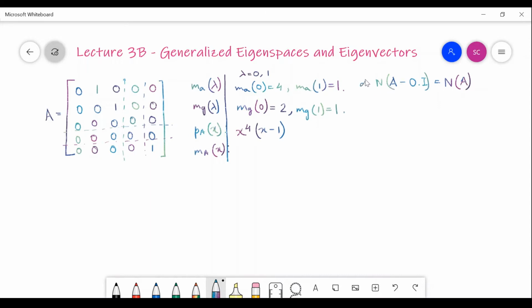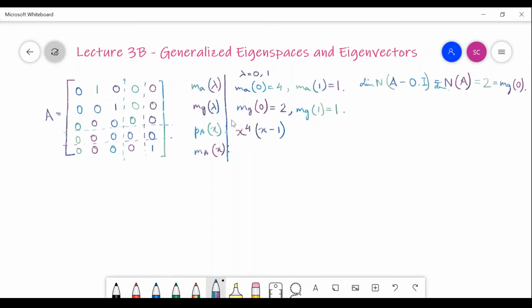We are interested in the dimension of the null space, and that is the number of zero columns that you see in this matrix A. There are 2 zero columns and the other columns you see are clearly independent, so the dimension is 2, which would be equal to MG0. So in this way also you could find out. However, since it is already in Jordan canonical form, you can simply look at the matrix, how many Jordan blocks for the eigenvalue 0, that is equal to the geometric multiplicity.